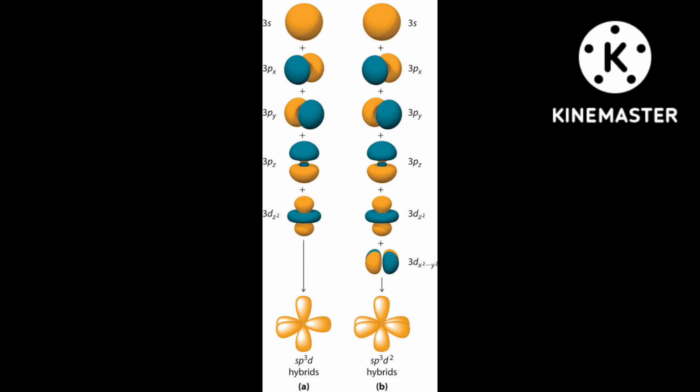Each has 1 electron, and 2s has 2 electrons. So the valence shell electronic configuration of nitrogen in the ground state is 2s square, 2px1, 2py1, 2pz1, having 3 unpaired electrons in the sp3 hybrid orbitals.